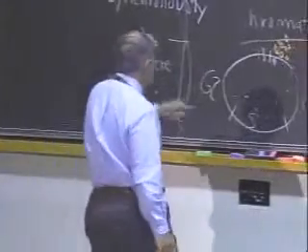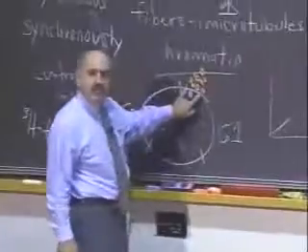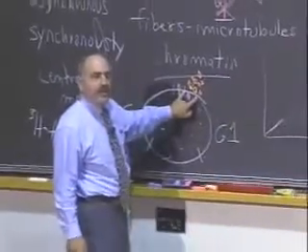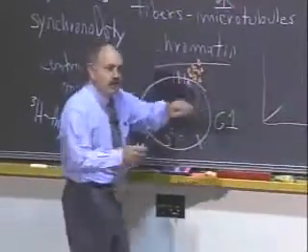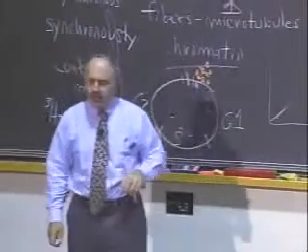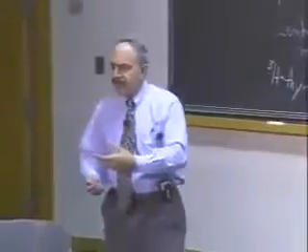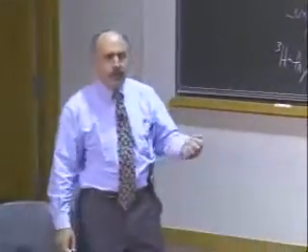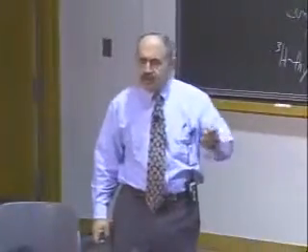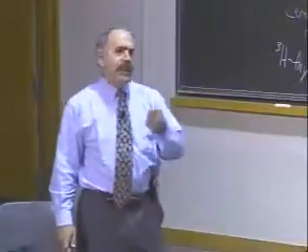And so the question is, if we expose cells for an hour here to tritiated thymidine, how much tritiated thymidine is going to be incorporated into their DNA? How do we know what's incorporated and how much tritiated thymidine remains unincorporated? We extract the DNA from the cells and we precipitate it in an acid.